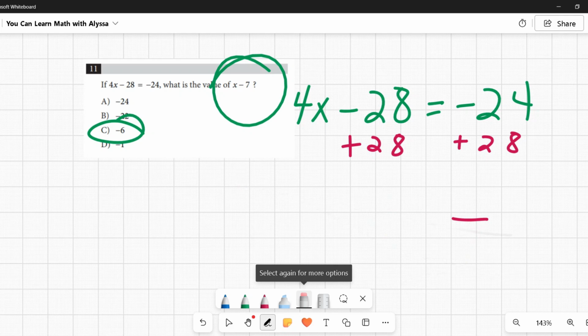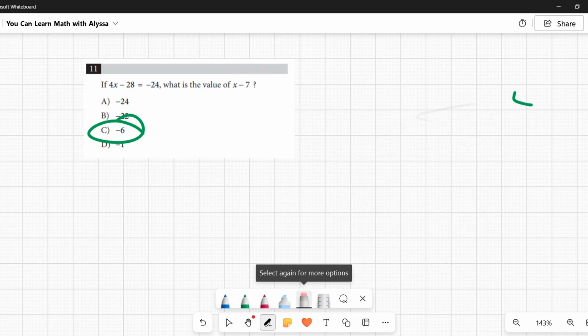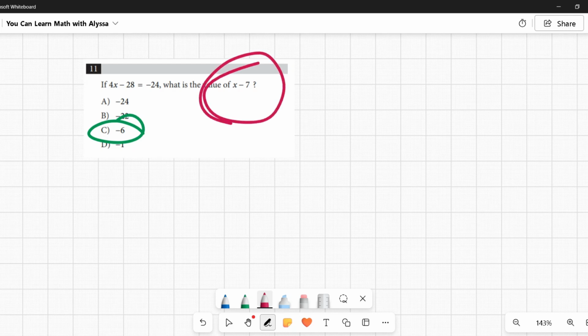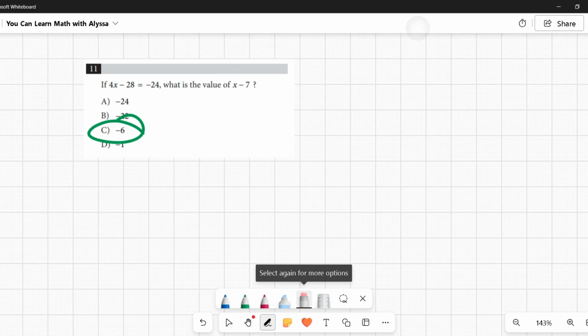There is a shortcut. A lot of times with these, always look for this. If what I'm about to tell you makes sense to you, then keep this shortcut in mind. Anytime they ask you for something that's a little odd, like here it's x minus 7, what's the value of x minus 7? That's not usual. Usually they'll say, what is the value of x?